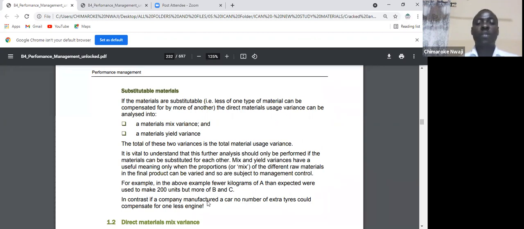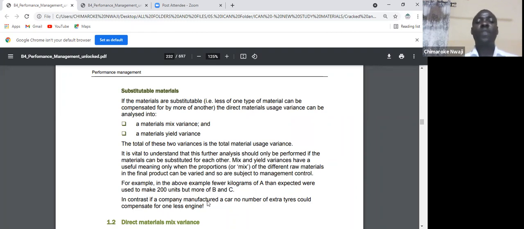So when that is done, it means that you can now analyze your variances into mix and yield variance. Note that it is only when there are substitutes, when they can be substituted for each other, that you can do mix and yield variance.